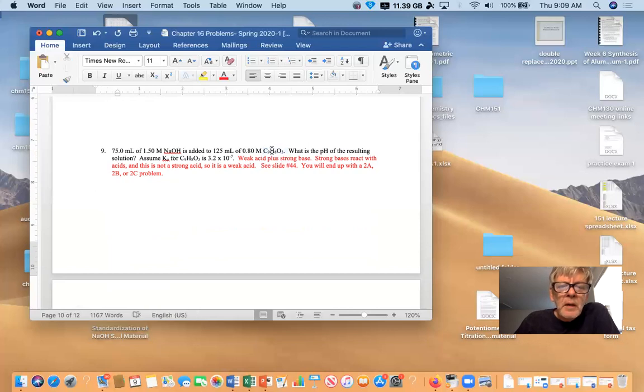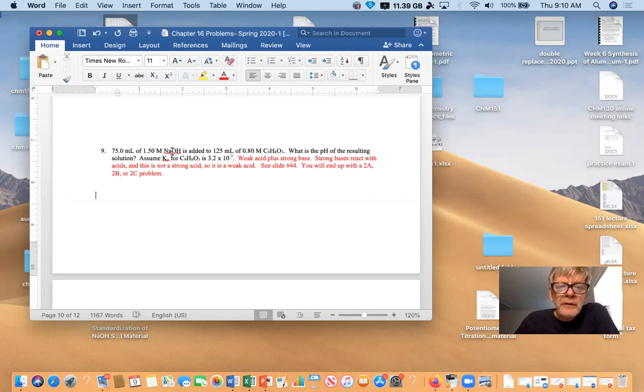But when there's an acid-base problem and there's 2 things present, we know that it's either going to be a strong acid or strong base. Well, that is a strong base, but that's not one of our strong acids.